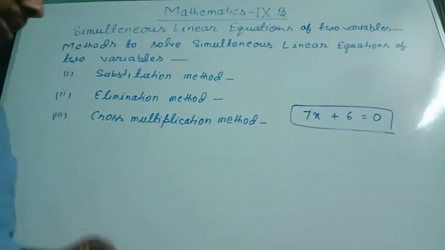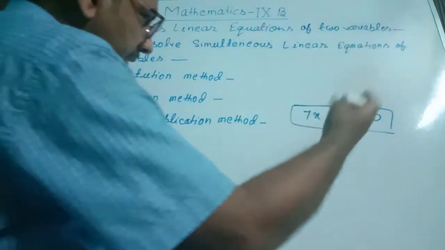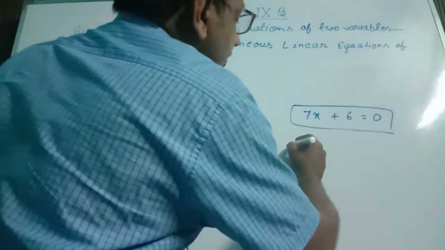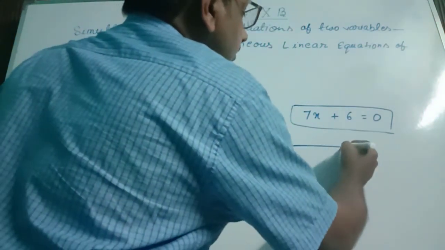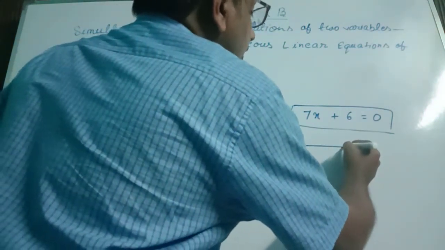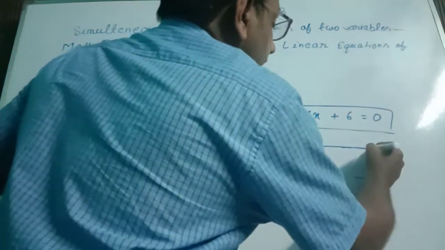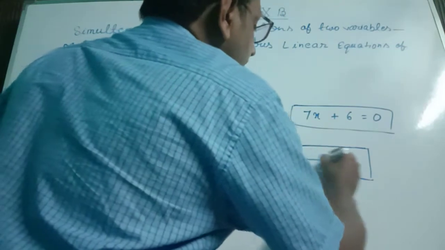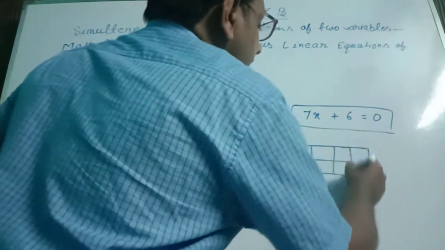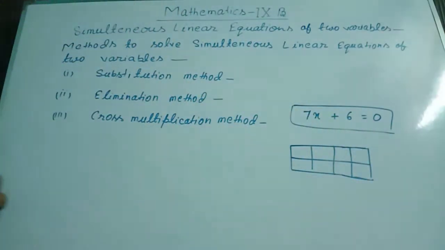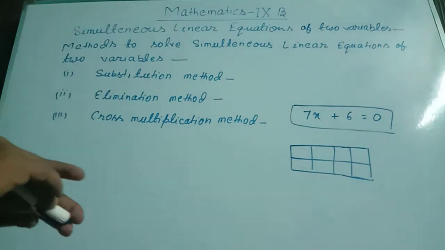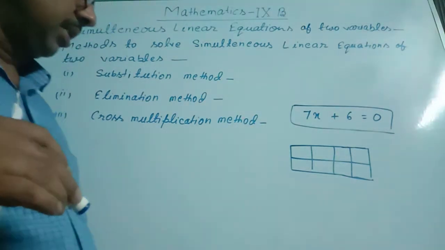Now if we see the graph work of this linear equation of one variable, then we prepare the table, and from here we solve this equation.